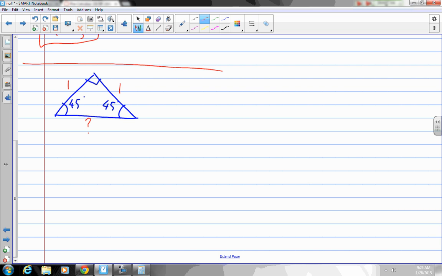Yeah, that's right, because it's a 90-degree angle, so it's a right triangle. So whatever the side is, let's call it C, for the lack of a better word. We know that 1 squared plus 1 squared equals C squared, right? The Pythagorean theorem. So therefore, C squared equals 2, and therefore C equals square root of 2.